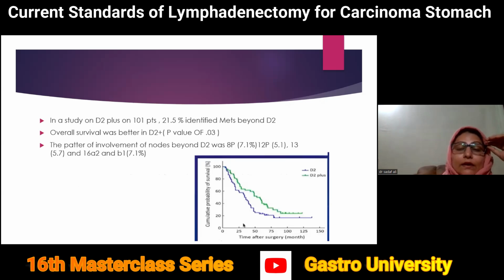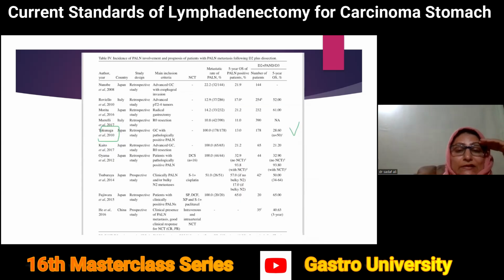And they have also shown that with D2 plus, if you involve those concerned lymph nodes, the disease pattern of involvement is proven to be 7% in 8P, 5.1% in 12P, 5.7% in station 13, and again 7.1% in this. This is one among those meta-analyses.